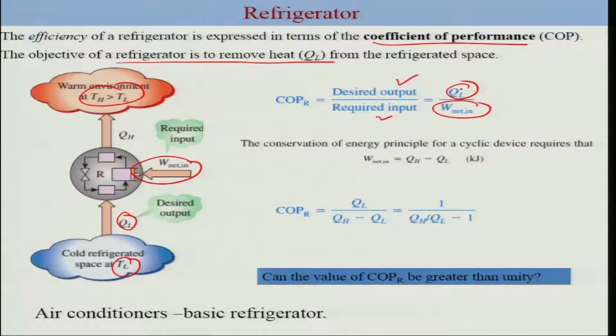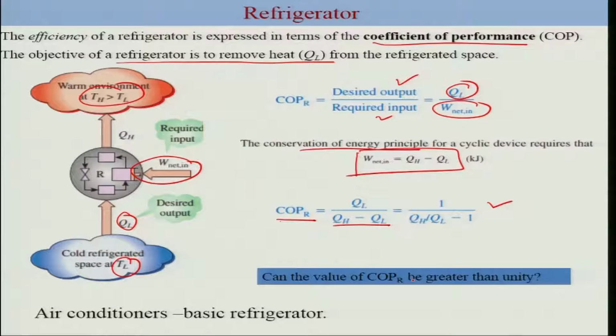Now, if you apply the conservation of energy principle, you can write W net in simply as the difference QH minus QL. Thus you can write your coefficient of performance simply as QL divided by QH minus QL. So the question is, can the value of the coefficient of performance for a refrigerator be greater than unity?